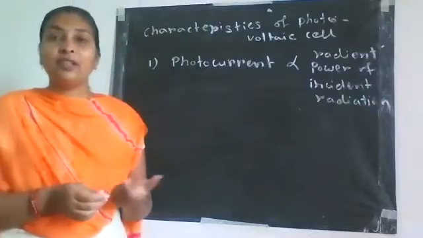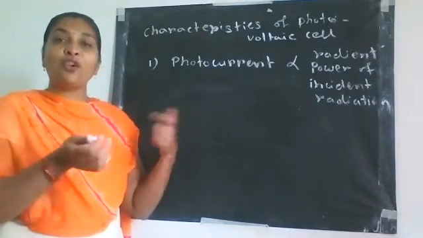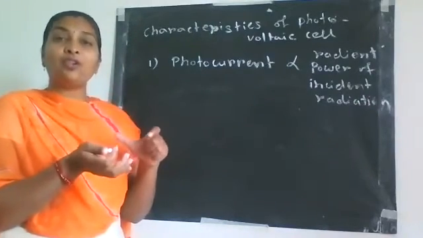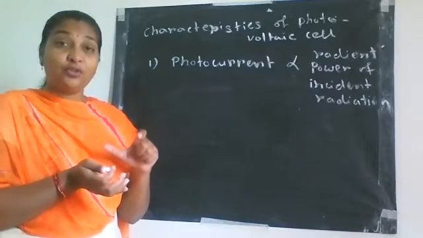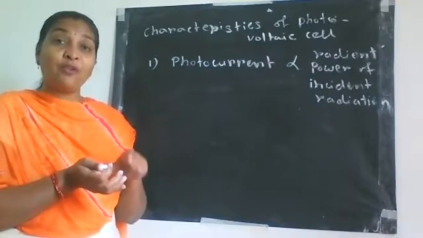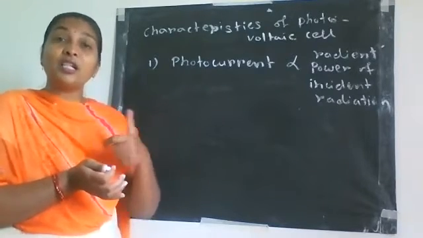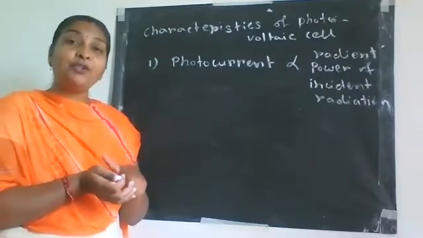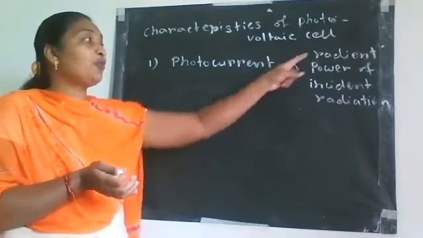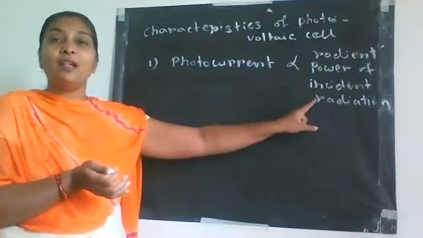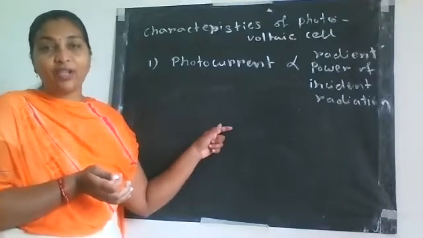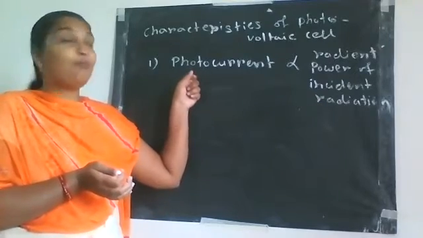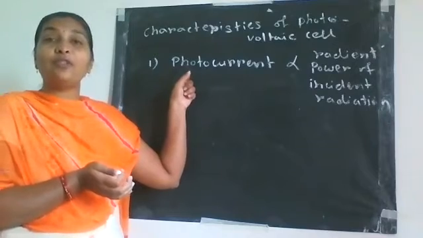Whatever radiations fall on that collector or on that transparent metal film, due to the radiant power of those radiations current is produced, and the magnitude of that current is directly proportional to the radiant power of the light which falls on that detector. So this is the first and very important characteristic of the photovoltaic cell.